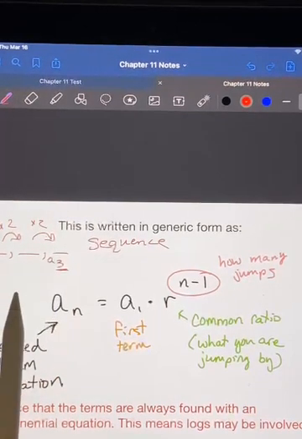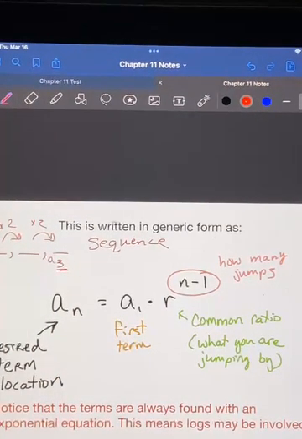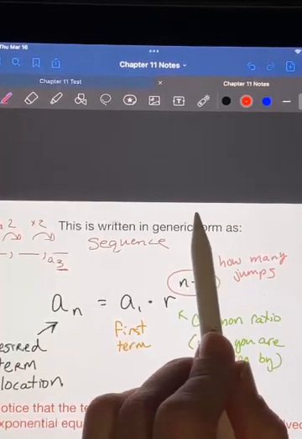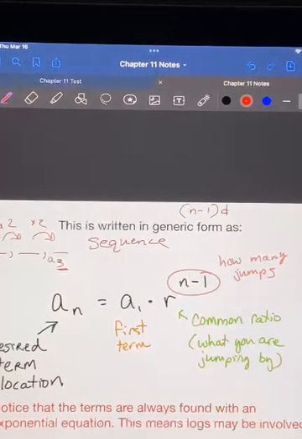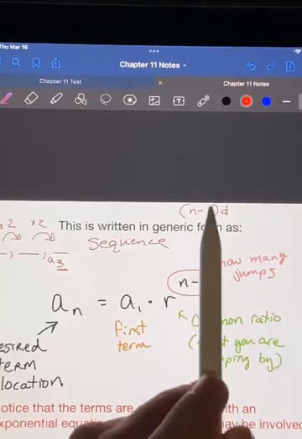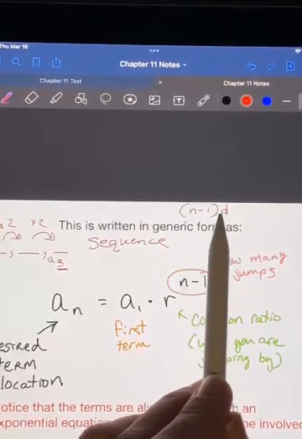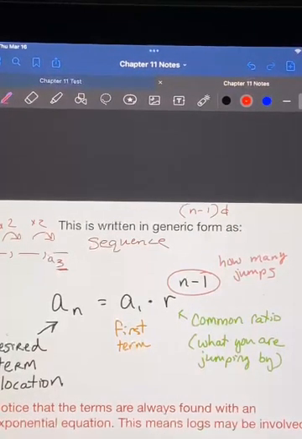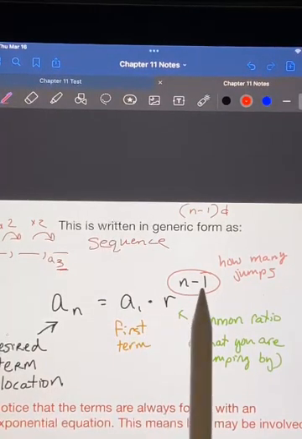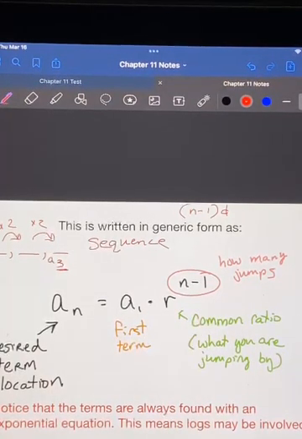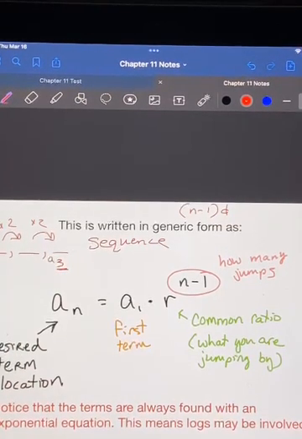And so we've gone from our arithmetic sequences where we used our n minus 1 and we multiplied it on the outside by our common difference, this is our number of jumps by our common difference. Now instead we are taking our common ratio and we are raising it to the exponent because we are dealing with multiplication for that.